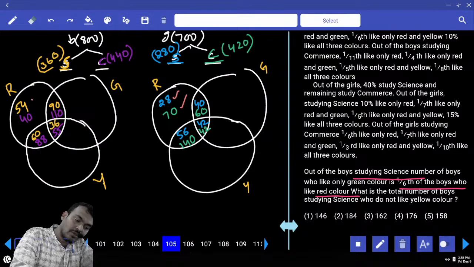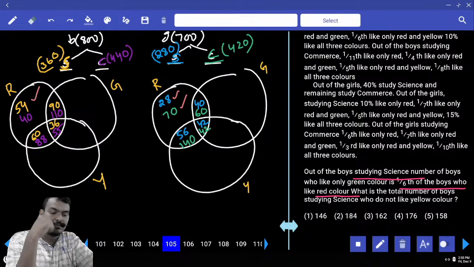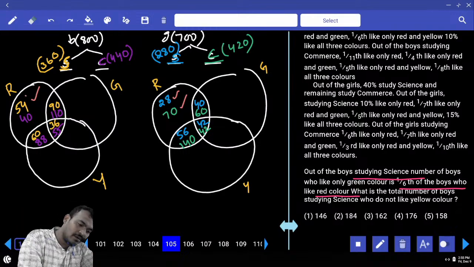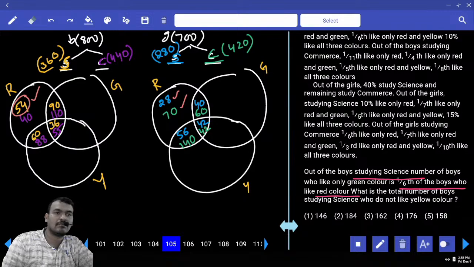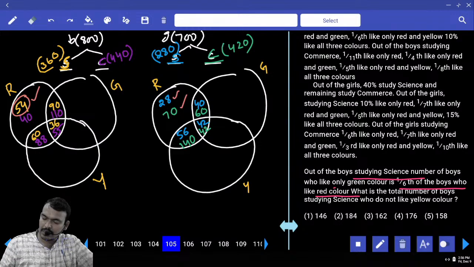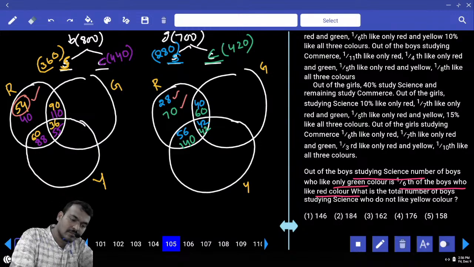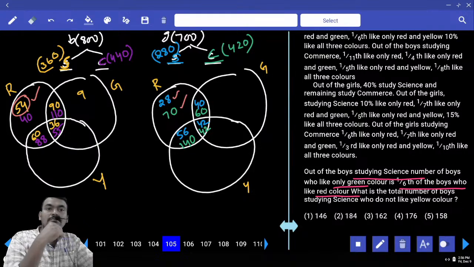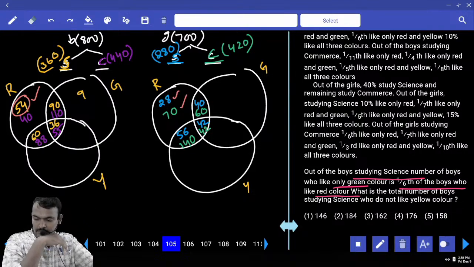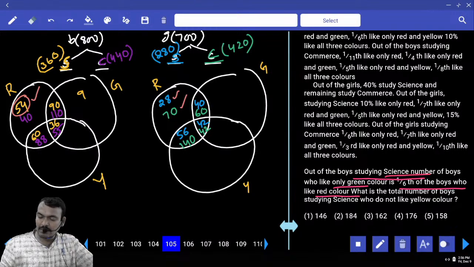What is the science value of boys who like red color? 54. In that, 1/6 value, out of 54, 1/6 or not? What is 1/6 of 54? 9. That 9 is which one? Only green color boys or not? Only green color boys is how much? 9 or not? Only science case or not?